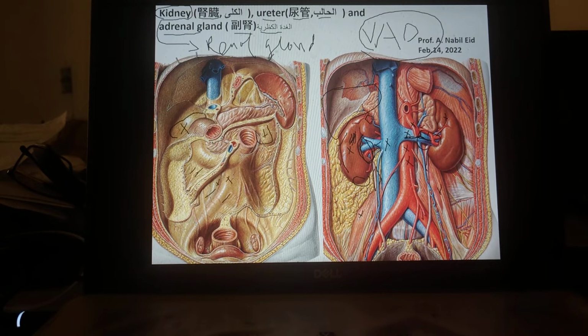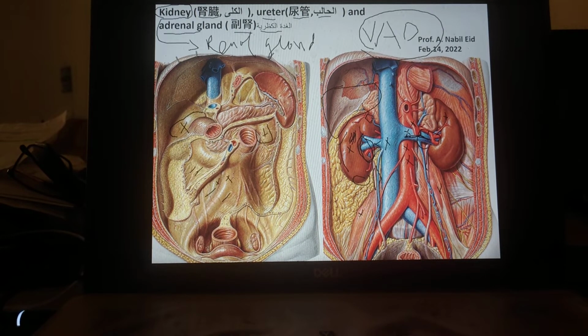So this may compress the left renal vein, inducing what's called nutcracker syndrome or left renal vein entrapment syndrome, which may affect the left kidney, inducing renal pain, and also renal ischemia, maybe also passage of blood in the urine, called hematuria.